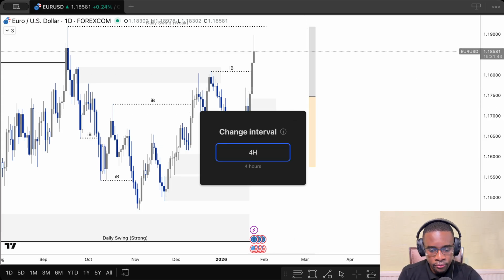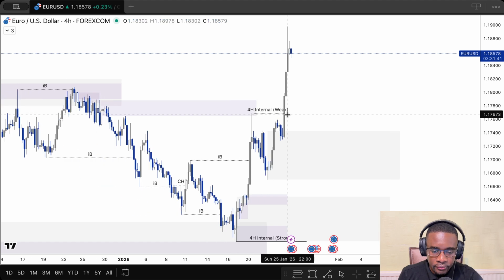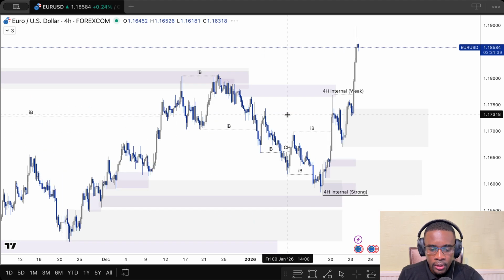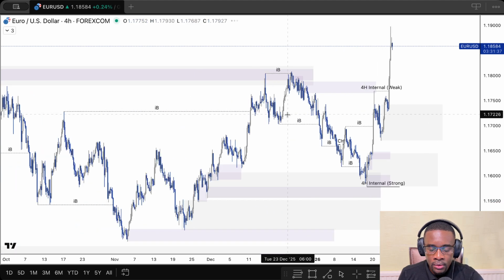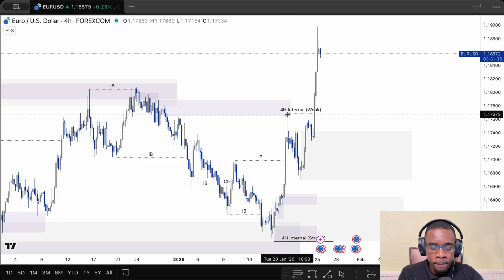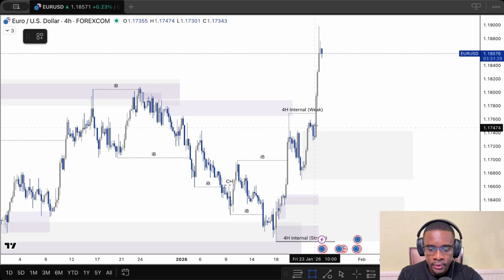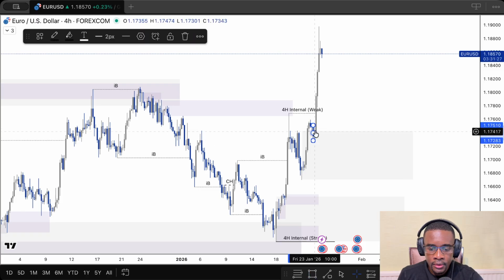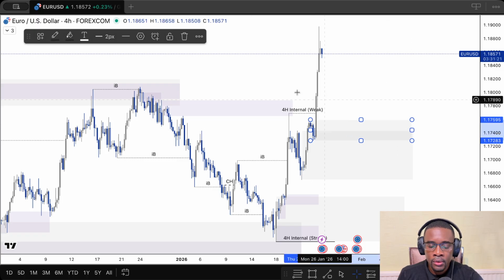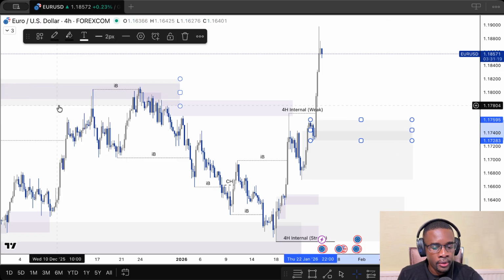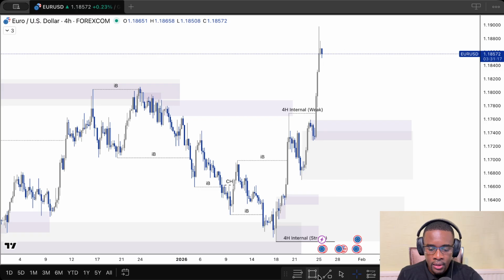And then looking at the 4-hour, this is the extreme. In this case I'll just mark the whole range, the whole sell to buy range. And then we have the extreme.